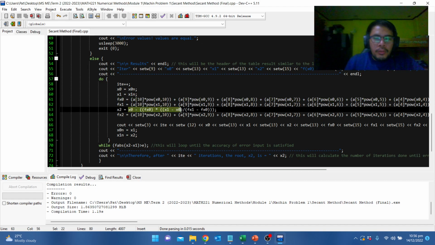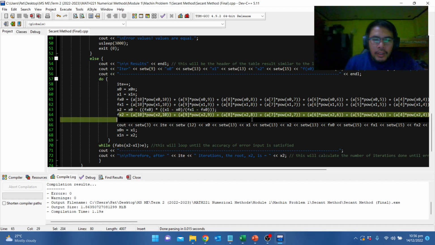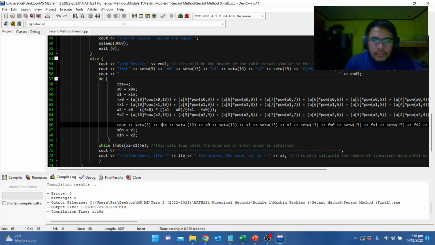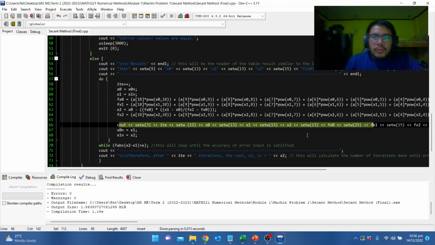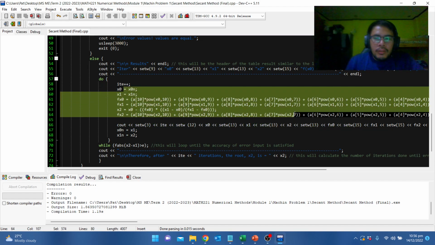As you can see, this is the formula that we have discussed during the first part of the video. And this is also the same formula to arrive with the f of x2. This is the line where the values will be presented upon finishing the formulas indicated here.